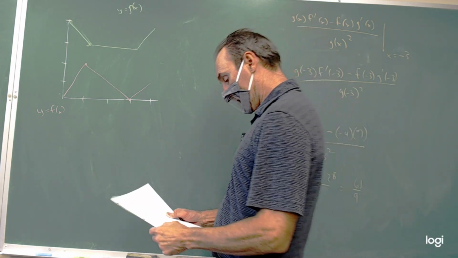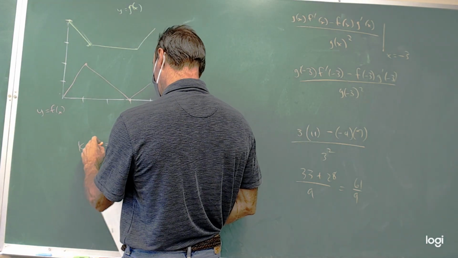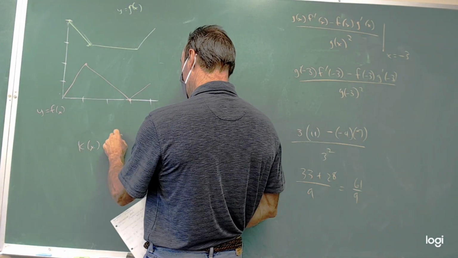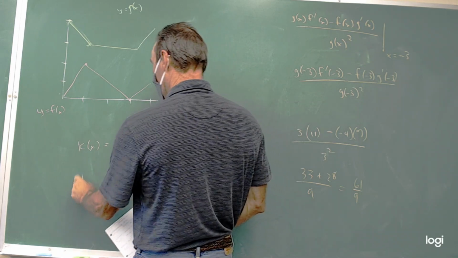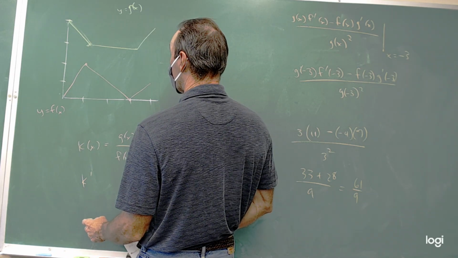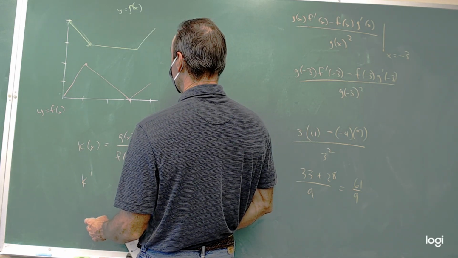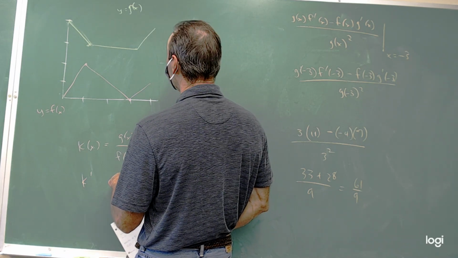Can we find, we'll say k of x is g of x over f of x, and we want k prime, and we're going to evaluate that at a point.